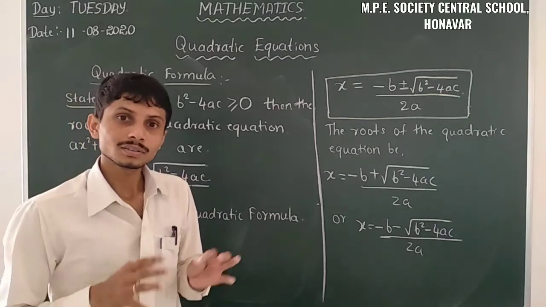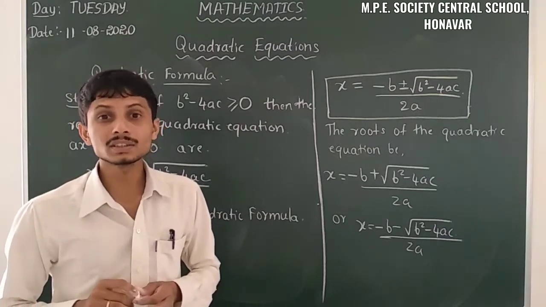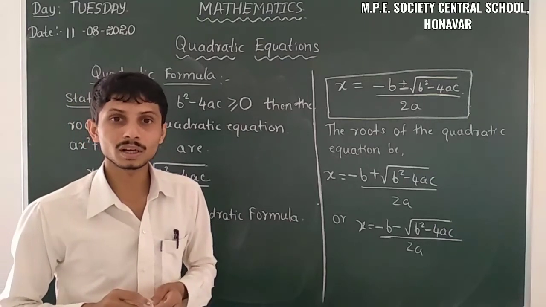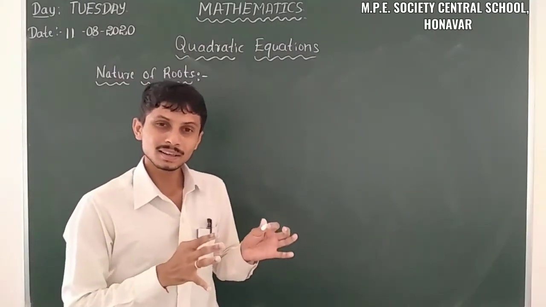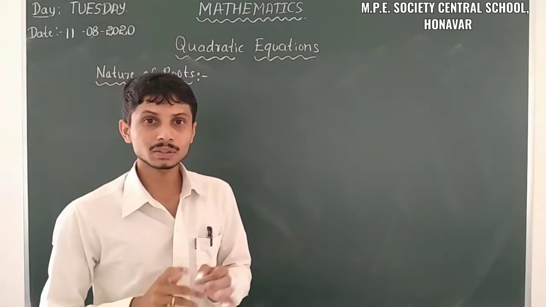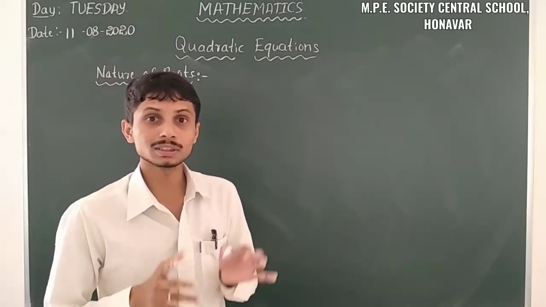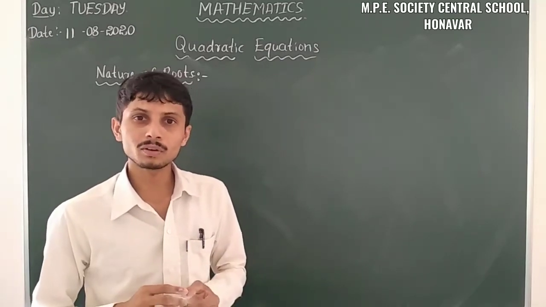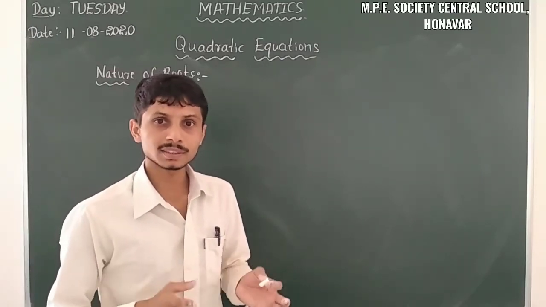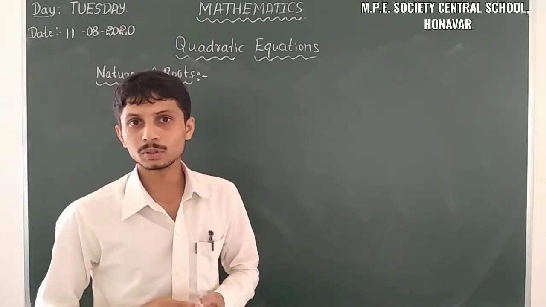So let us discuss some of the nature of roots. Nature of roots means, when we are taking a quadratic equation, we solve it by the method of factorization or completing the square. After that we get some roots, whether real or complex we don't know.